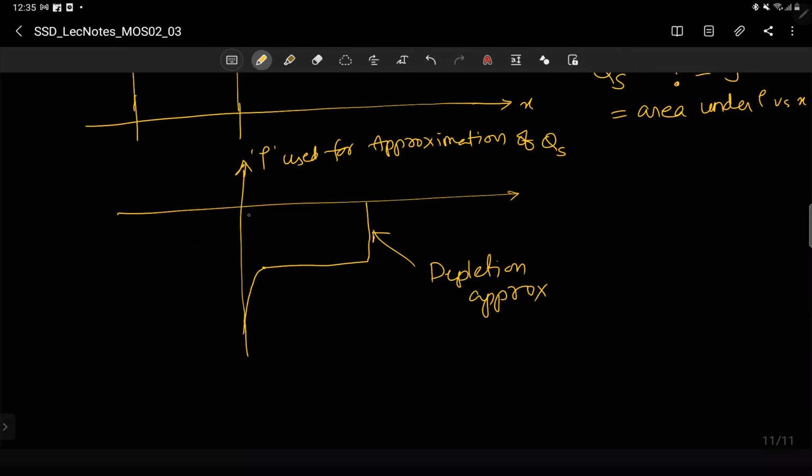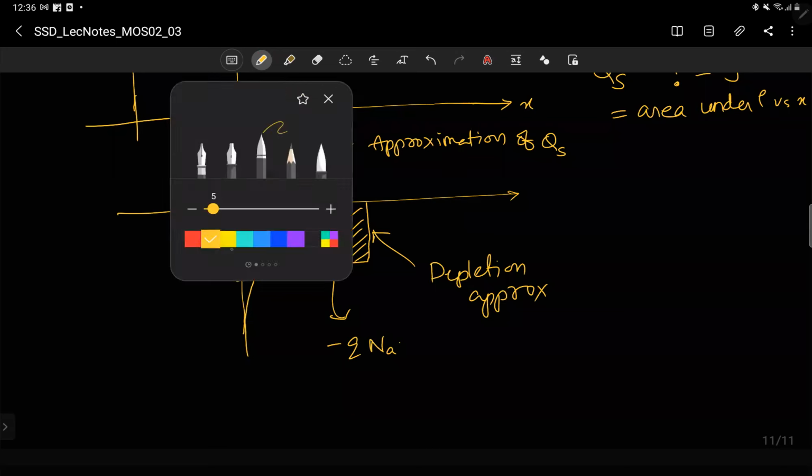Now if you see, this is the total area. In this total area, this part is coming from minus qNa. This area is due to minus qNa times rho. There is also this small area which is coming from electrons.